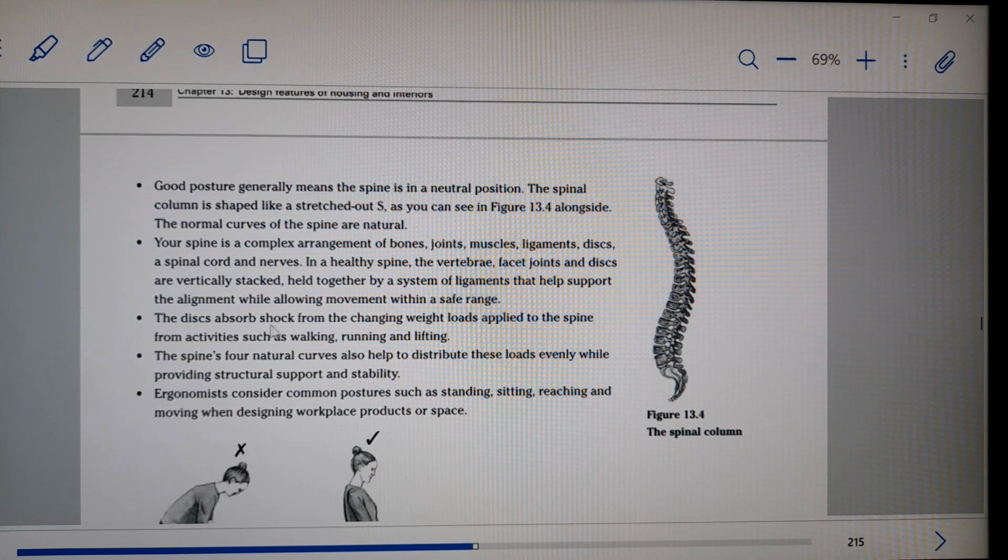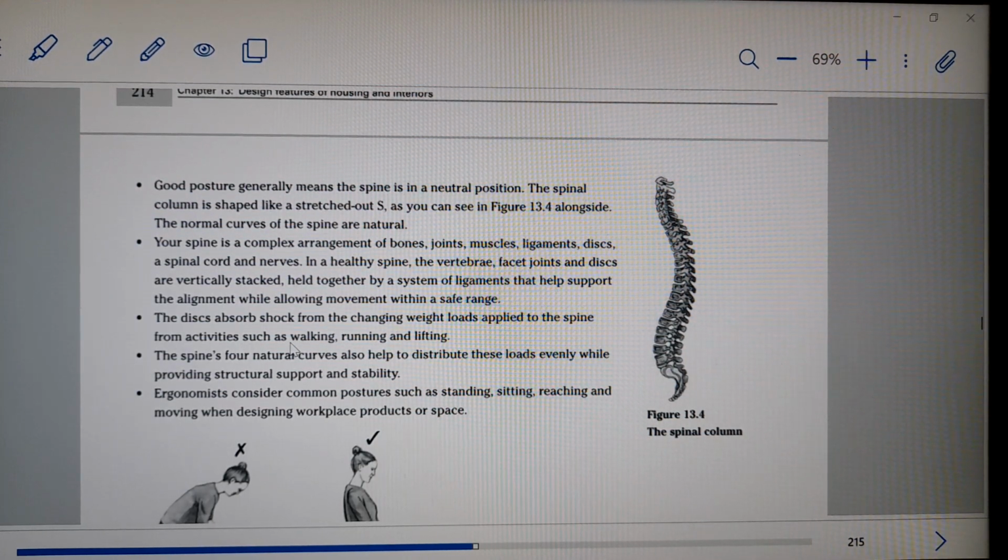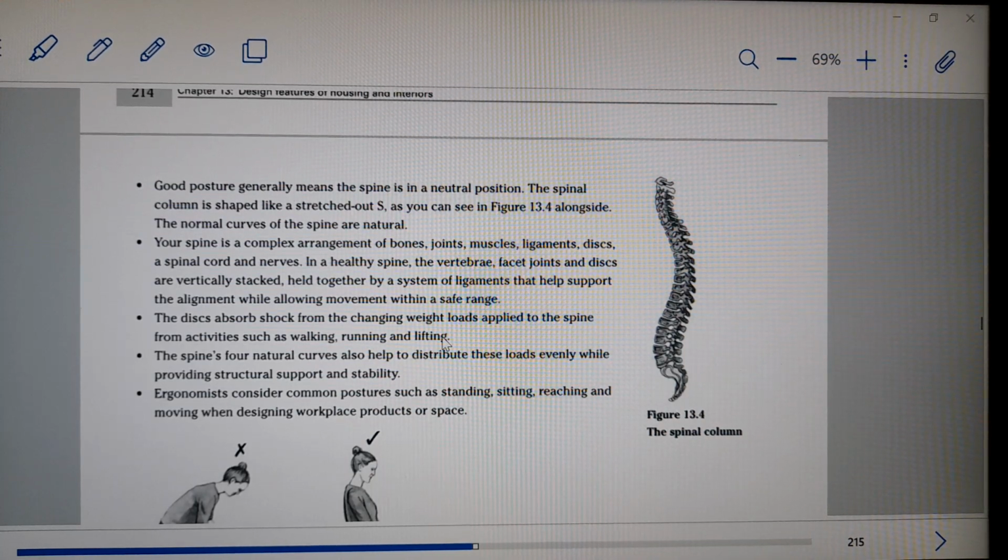The discs absorb shock from the changing weight loads applied to the spine from activities such as walking, running, and lifting. The spine has four natural curves, which also help to distribute these loads evenly while providing structural support and stability.